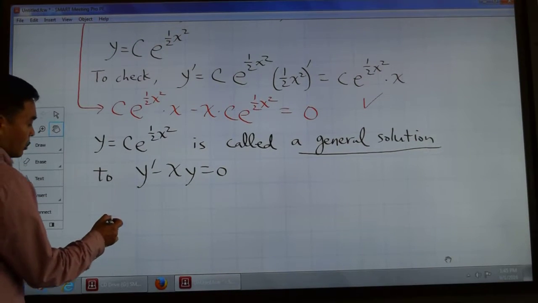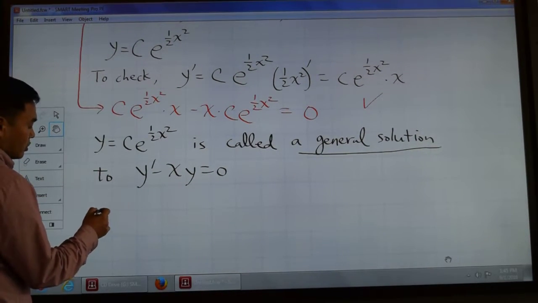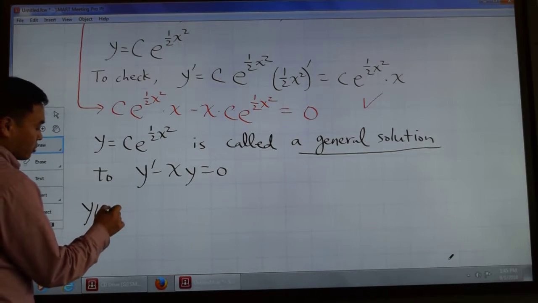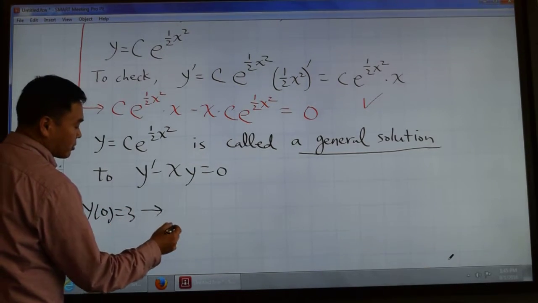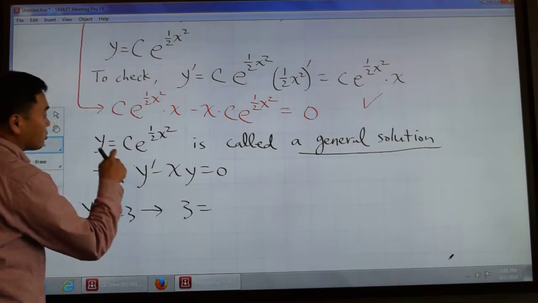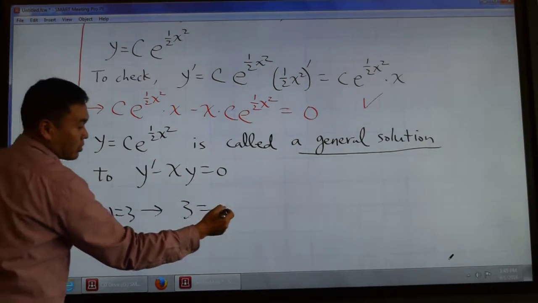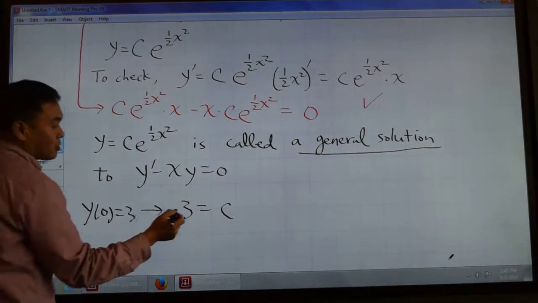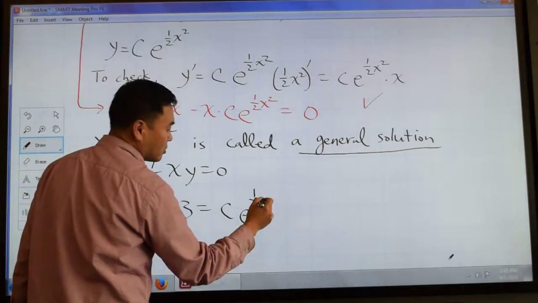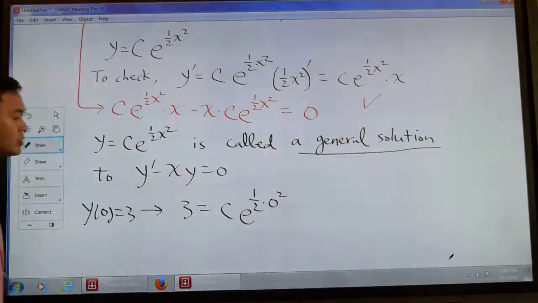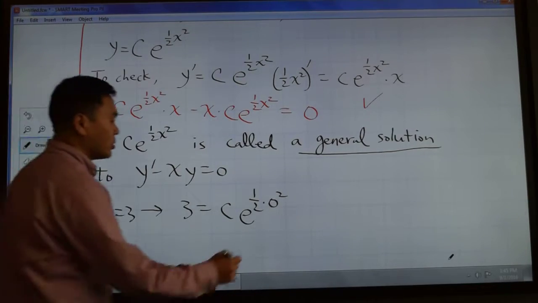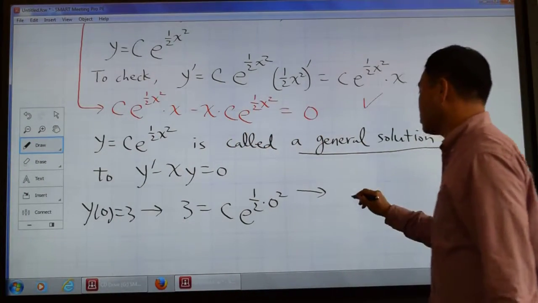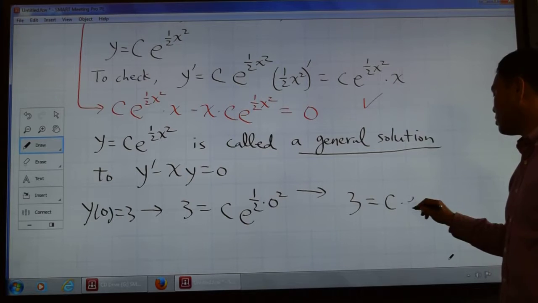So y of 0 equals 3 implies that 3 is equal to, since y of 0 is this thing with x replaced by 0, we get 3 equals c times e to the 0th power.